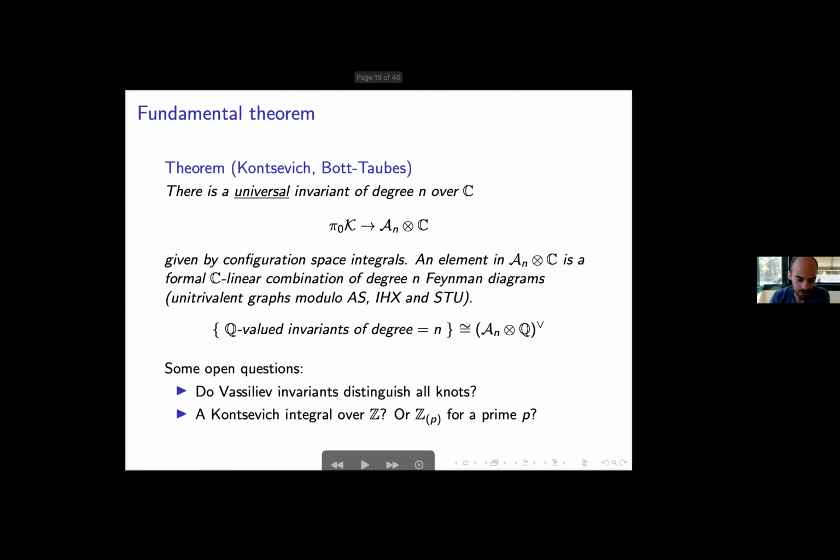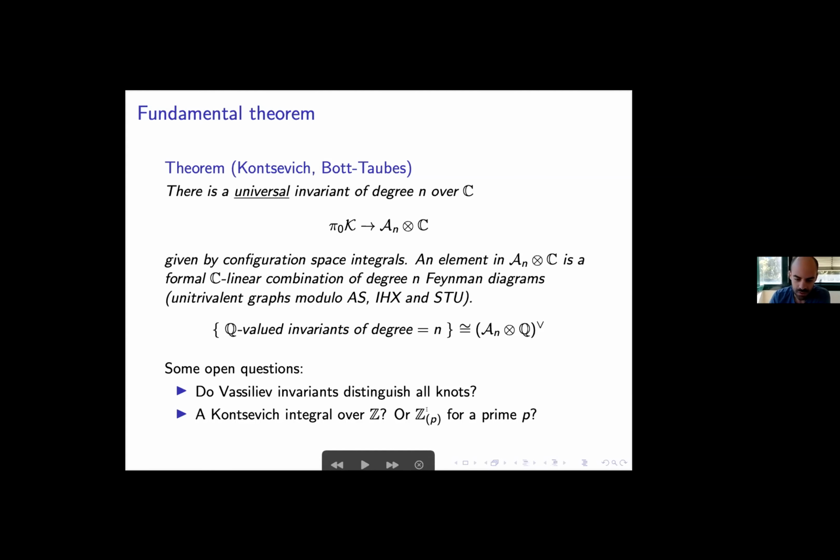But the thing that I want to talk about today is a different question, which is whether there is a version of this Kontsevich integral, one universal invariant which works over the integers, okay, which classifies integer valued invariants or invariants in any abelian group.